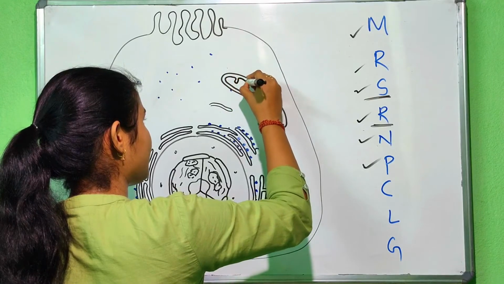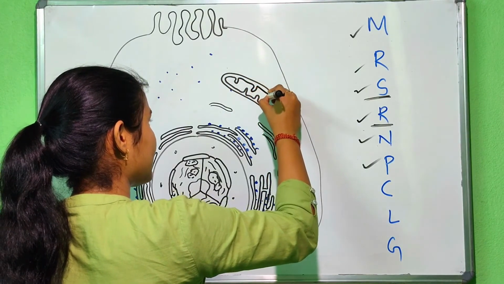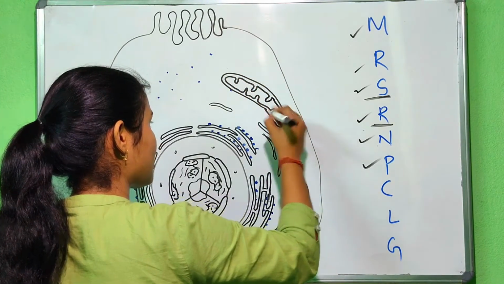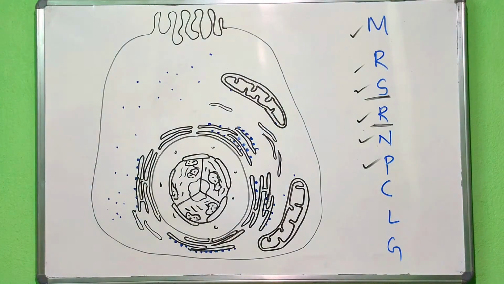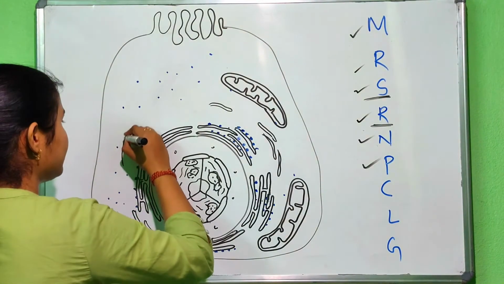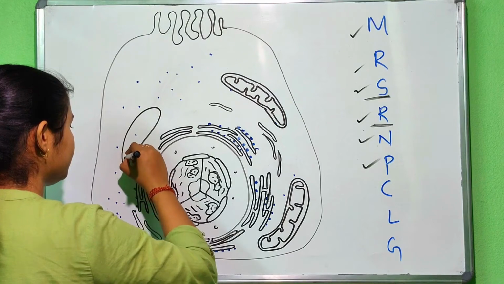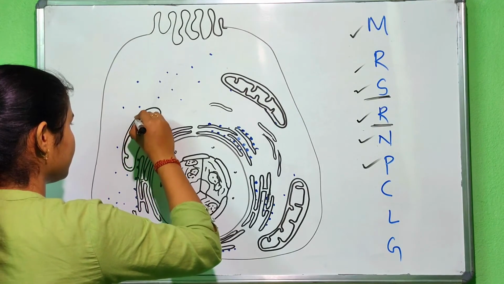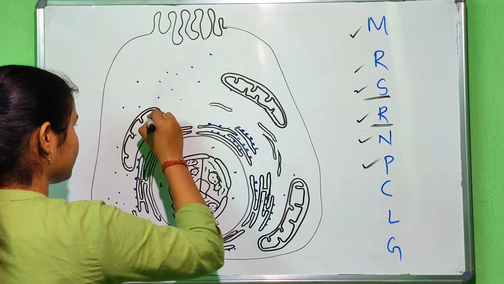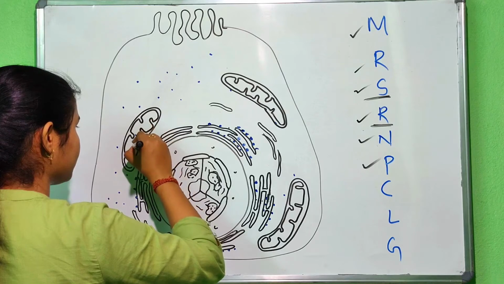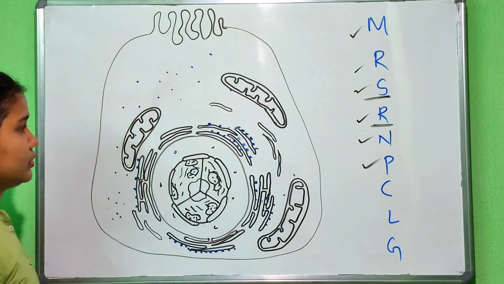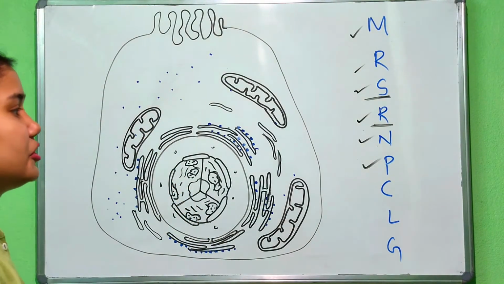The more metabolically active the cell is, the more mitochondria there are. Let's draw only 3. So this is the mitochondria.